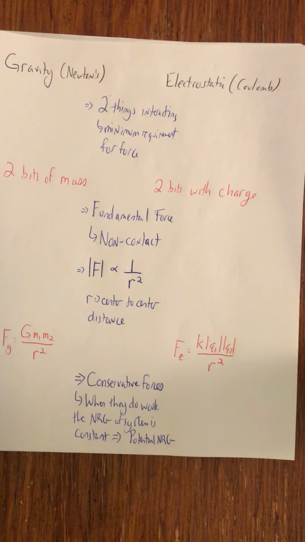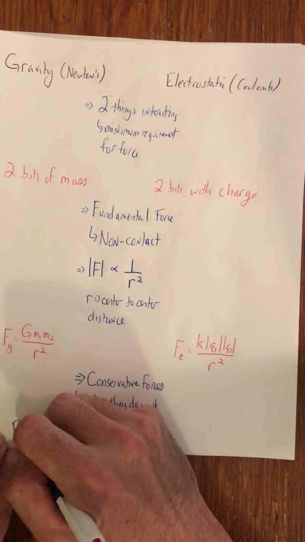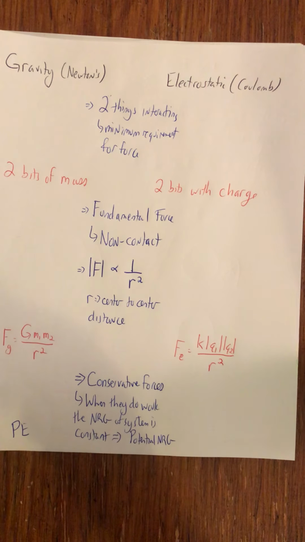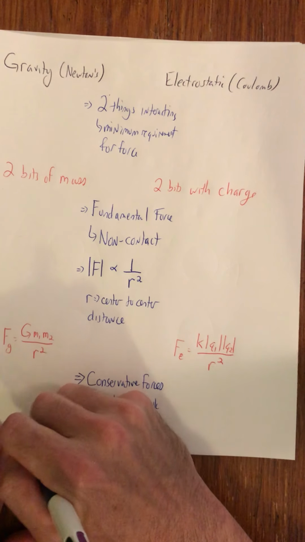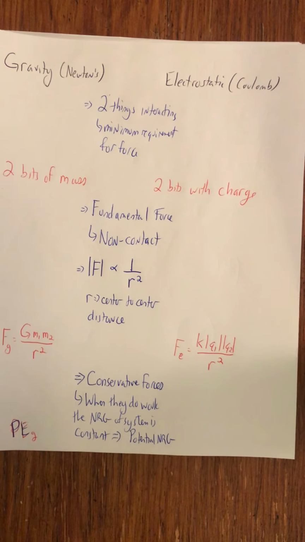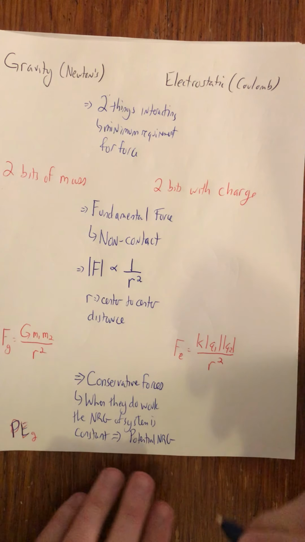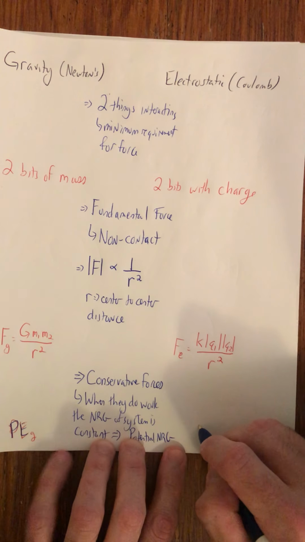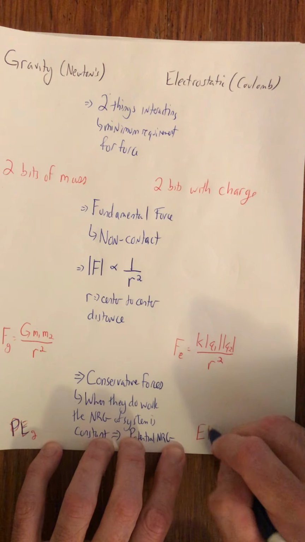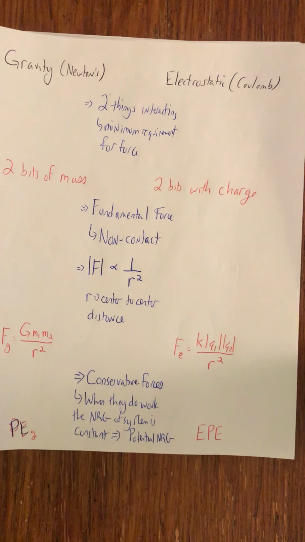So we're going to have something called a gravitational potential energy, PE sub G. That's a difference, because the equations are going to be different, so I'll write it in red, PE sub G. And there's going to be an electrical potential energy. But for reasons that hopefully you can understand, we're going to write that as EPE, and kind of everyone in the physics community does that because we don't want to talk about PEE.